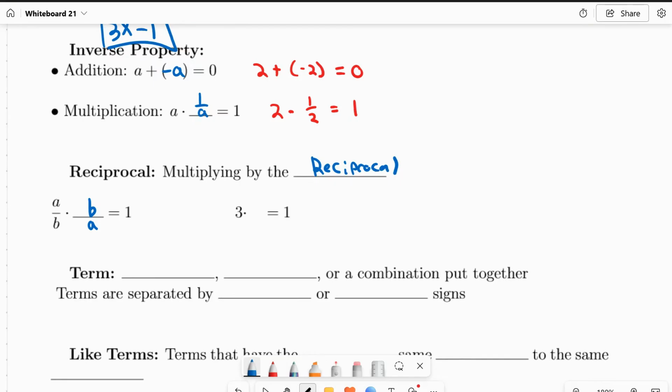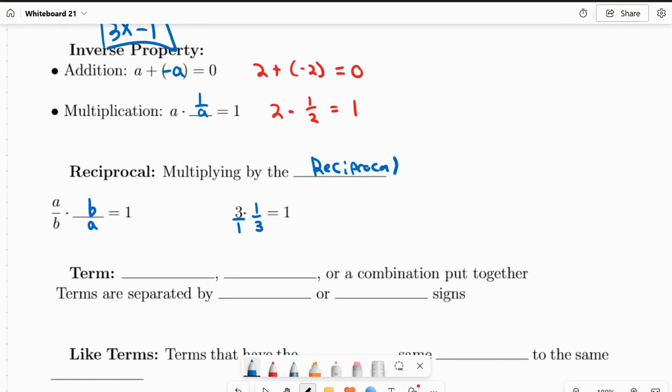So 3 is a whole number, but that could be represented as the fraction 3 over 1. The reciprocal for 3 over 1 is 1/3. 3 times 1/3 will give you 1. All right, so that's just a little bit about the inverse property. That one is commonly one of the more confusing properties for students.